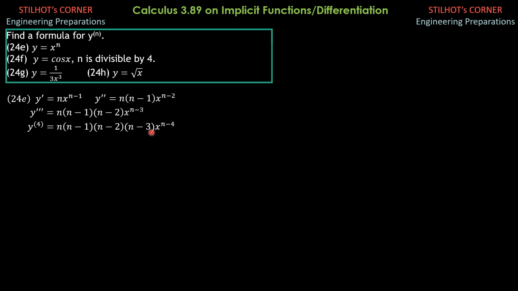So if we stop at n minus 1, that is 1 actually. The product of n, n minus 1, n minus 2, n minus 3, until 1 is n factorial. So therefore, we generalize the nth derivative is n factorial x to the n minus n. So that is x to the 0, and x to the 0 is 1.